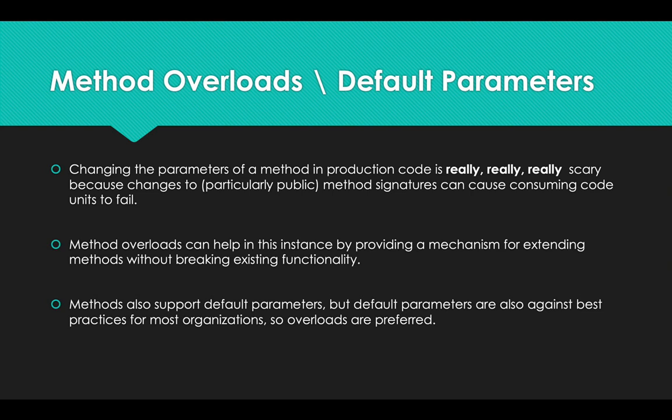Typically, people believe that this is not a best practice, and the best practice is actually to use an overload, because the overload makes it much more clear to the person calling the method what the method is actually going to do, and it opens you up to less technical debt going forward, because there's no real interpretation that has to happen when somebody comes in to review the code to make changes.